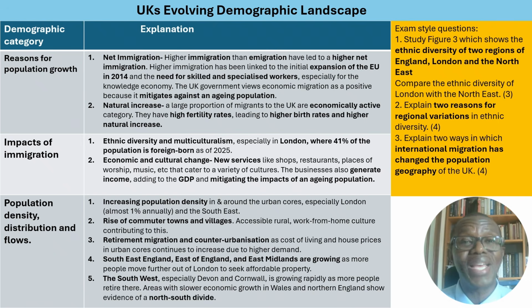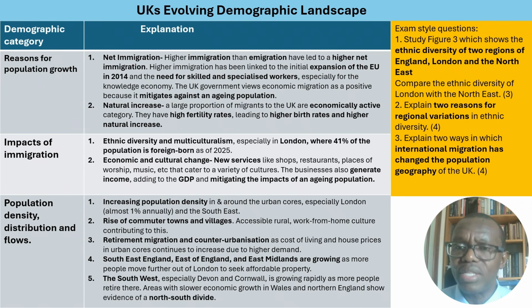And as a result, there is an economic divide between the northern part of the UK and the southern part, obviously being mostly the southeast, London and the southeast, where most of the GDP is being generated and where most of the wealth is. So that is what is referred to as the north-south divide, if you encounter it in the exam.